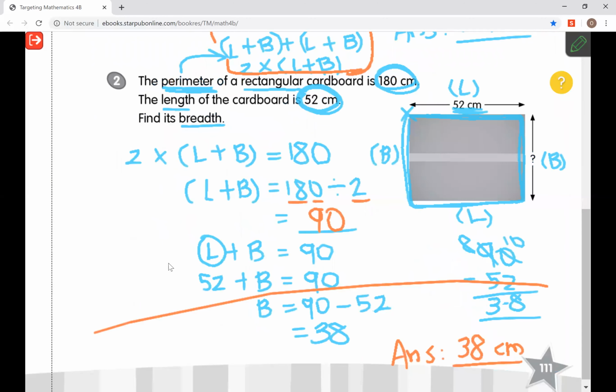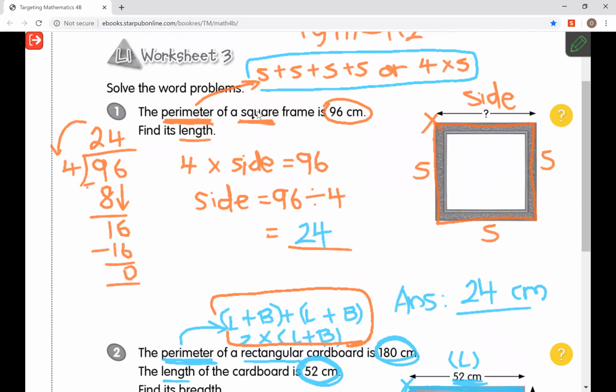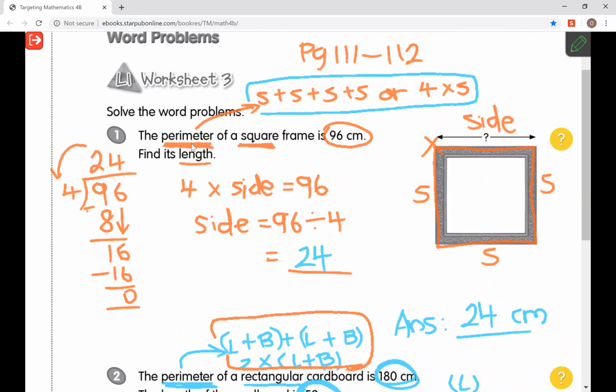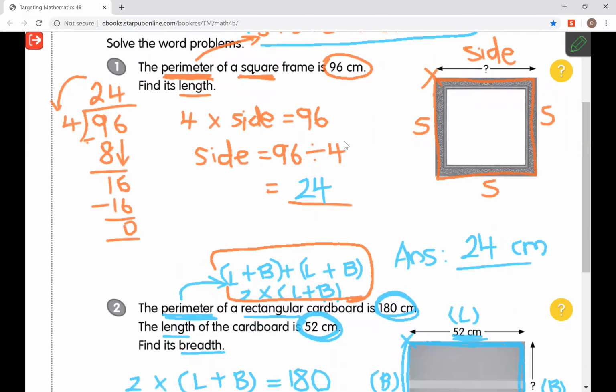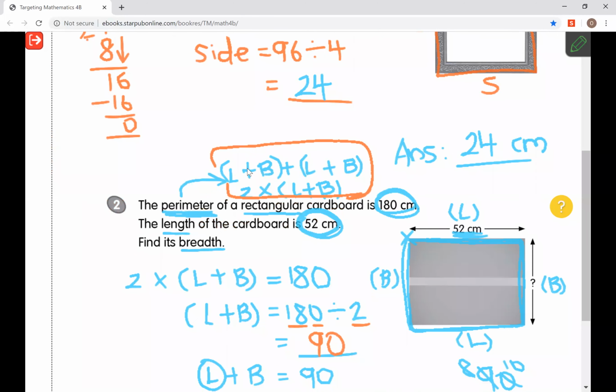Then previously, perimeter of square is 4 times side, or side plus side plus side plus side. And perimeter of a rectangle is length plus breadth plus length plus breadth. But we can summarize it into 2 groups of length plus breadth. So these are the 4 important formulas that you need to remember.